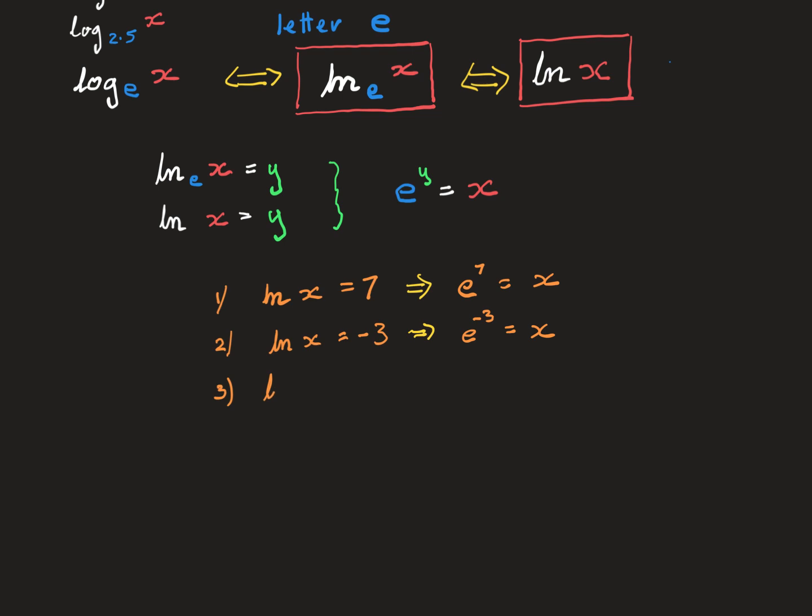And what about ln x, which is equal to e? That's just going to turn out to be e to the e, which is equal to x. And you probably notice that all of the bases are e in this exponential form.